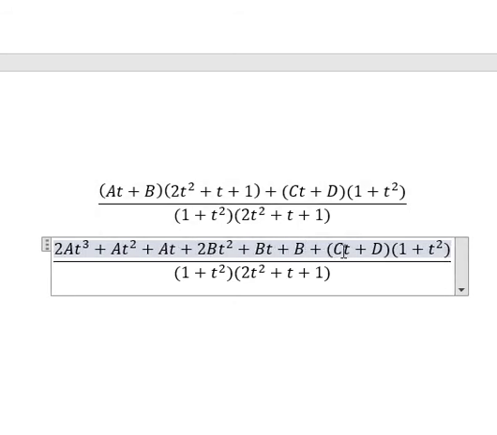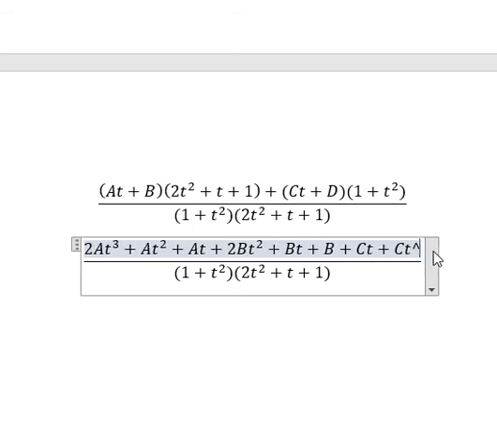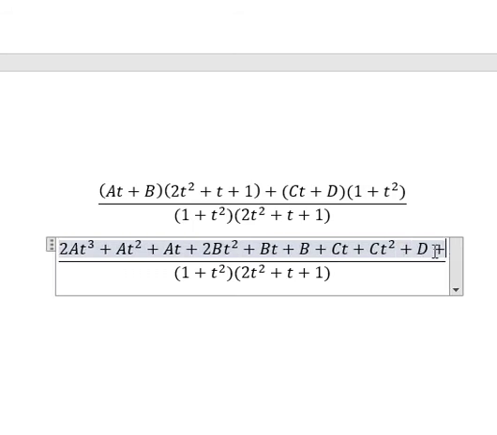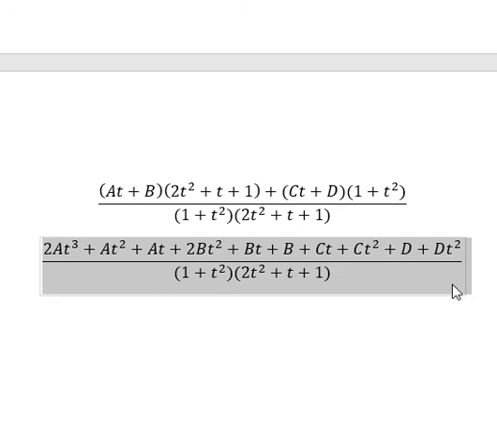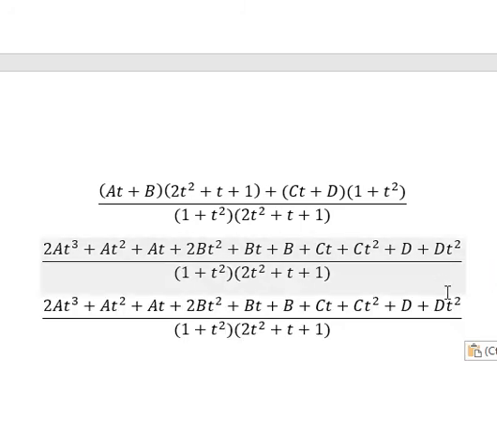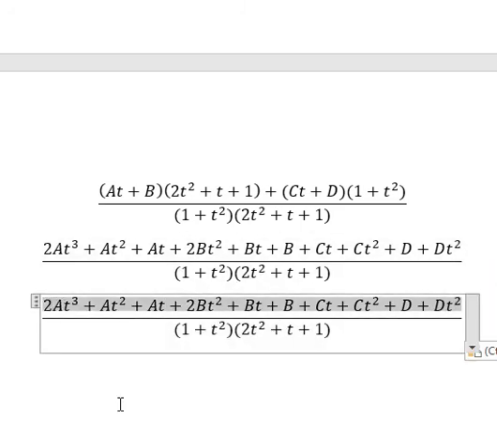The next one we get ct plus ct squared plus d plus dt squared. And now we need to arrange based on the term of t.